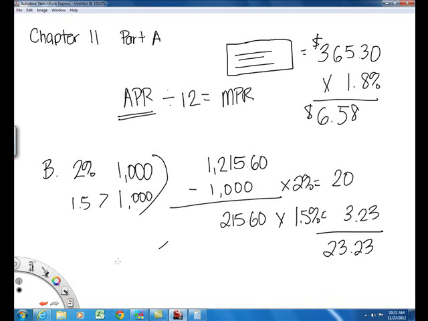Now I start with my previous balance, $1,215. I will add my finance charge of $23.23. If I make a payment, I'll subtract that from the balance that I owe. So I'm going to subtract $378.50.